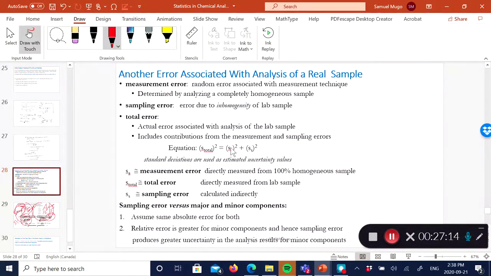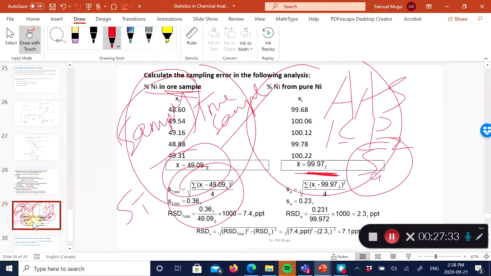So this is the error coming from the homogeneous sample. This is the error that is coming from the real sample, which is the ore, meaning it's a mixture of different things. And so if you take these to the other side, then you can calculate the sampling error based on that relationship.